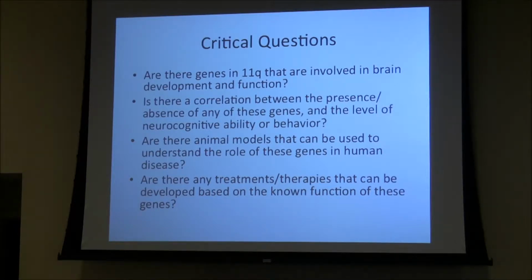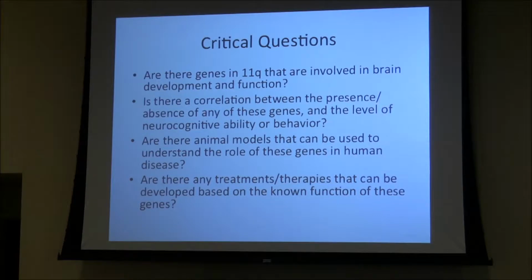And first, are there genes in 11q that are involved in brain development and function, which is obviously what you would predict? Is there a correlation between the presence or absence of any of these genes and the degree of cognitive ability or the behavioral problems? Can we, just like what I showed you for the heart story, use animal models to try to understand the role of these genes in human disease?